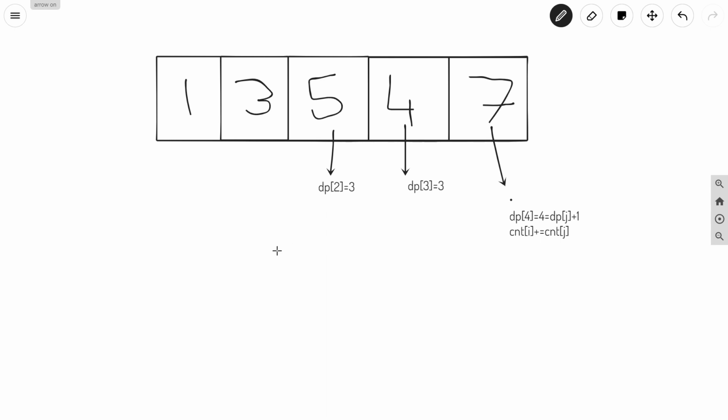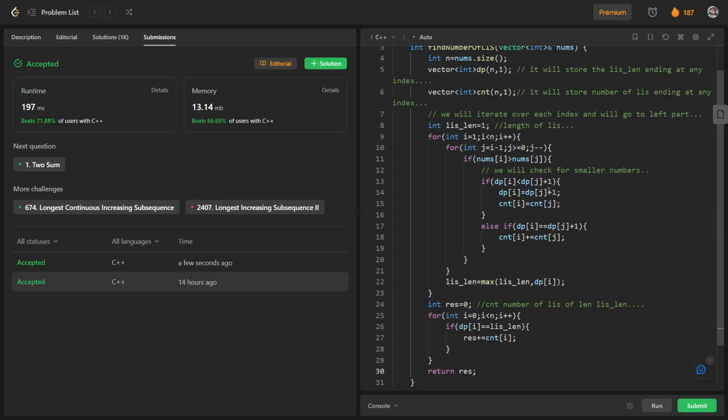We are storing the length of lis which is ending at any index, and we will use it for the length at any higher index. So that's what we are doing here, and you can see that we have stored the value of dp of j, and it will be used further.